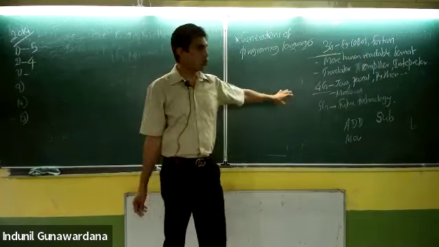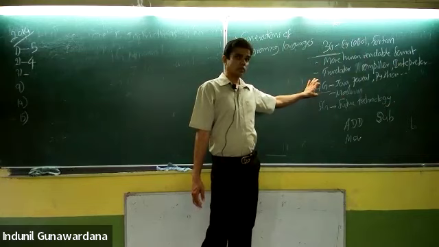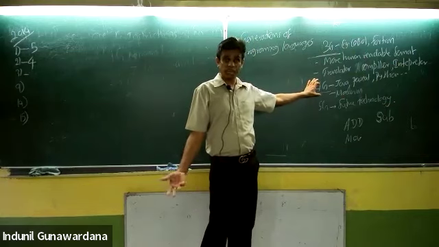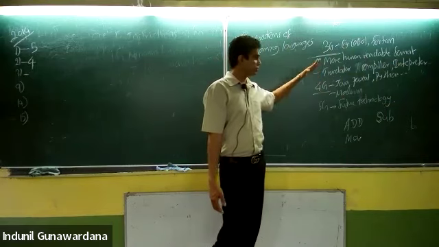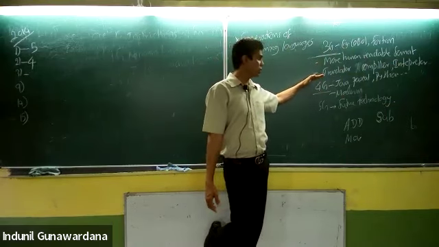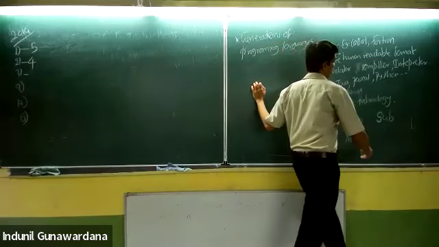Then you go to 4G languages. These are not fourth generation computers. These are 4G languages, right? Fourth generation computer languages. Start from examples: Java, Pascal, Python, even C#.